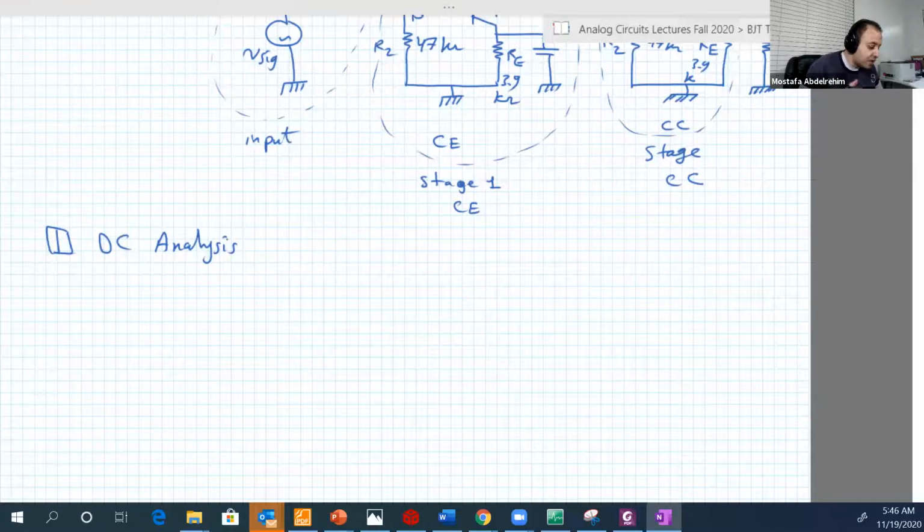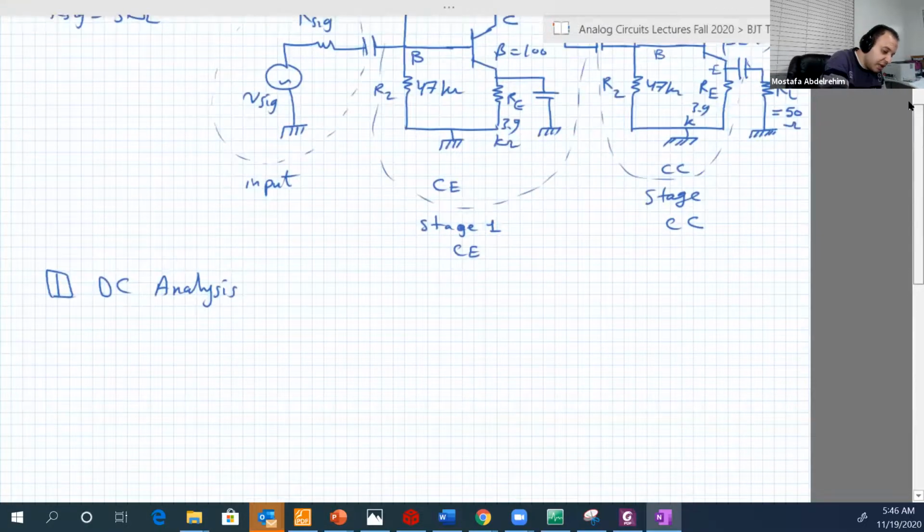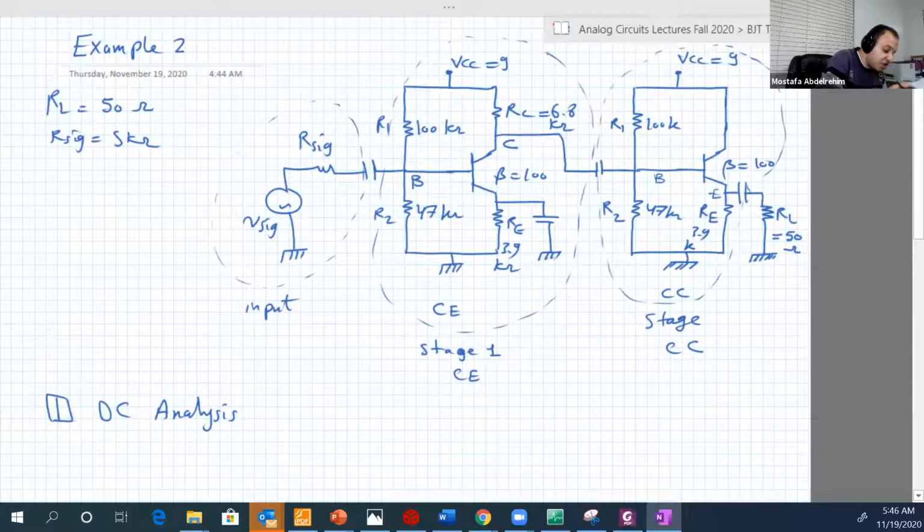Okay, all the capacitors will be open circuit. So let's do that. Let's apply this. So if we do this, the input stage will be removed. The output load will be also removed. And these two circuits will be just isolated because they are connected using a capacitor, and the capacitor now is open. So it's like you have an open between. So they are not connected.